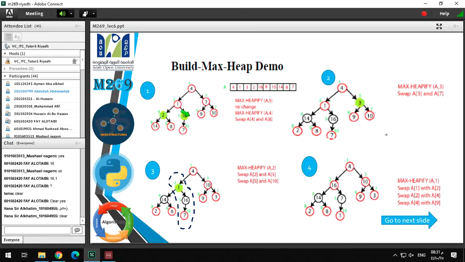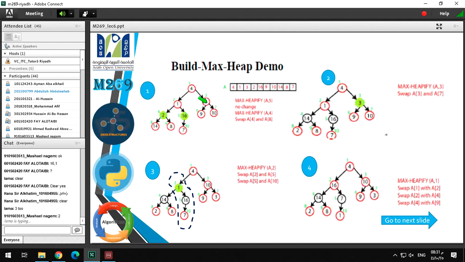Then we have to max-heapify this element. What else? 3 is smaller than 9 and 10. So we have to apply max-heapify here.